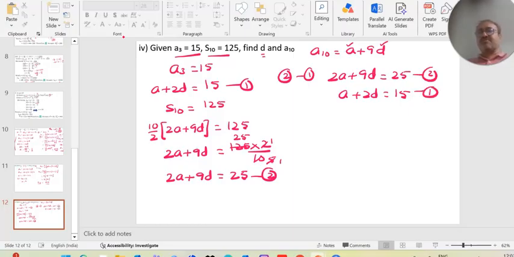Multiply equation 1 with 2 only. Now it becomes 2a plus 4d equals 30. Now subtract. We said subtract 1 from 2, or 2 from 1, either is fine, however we do it. Let's do 1 minus 2.